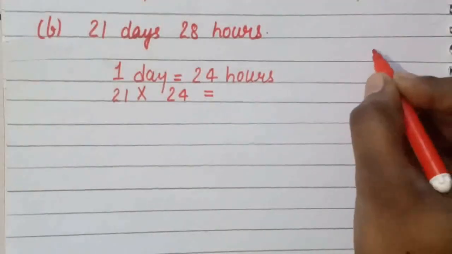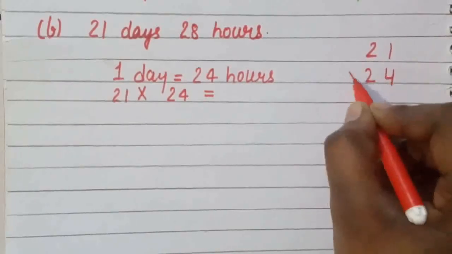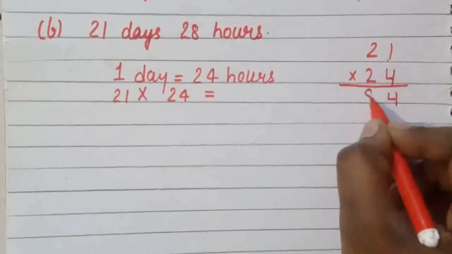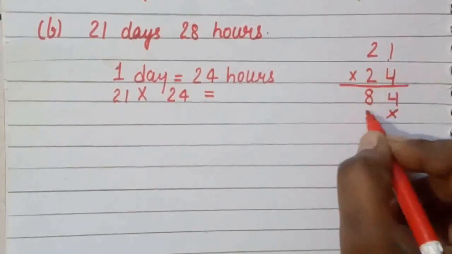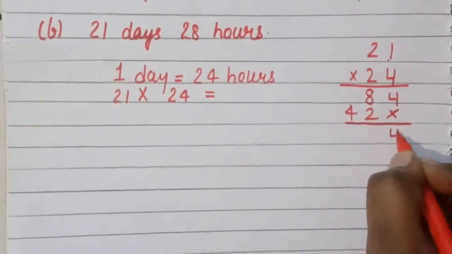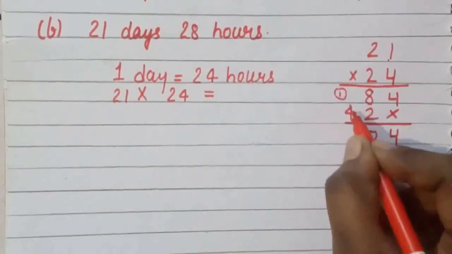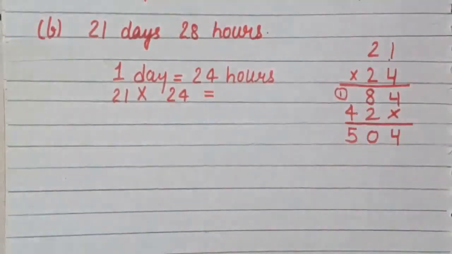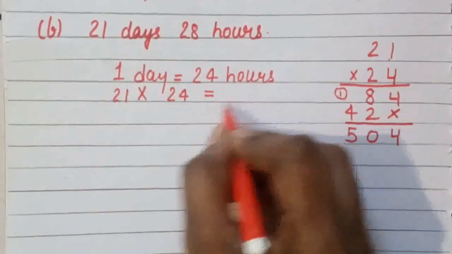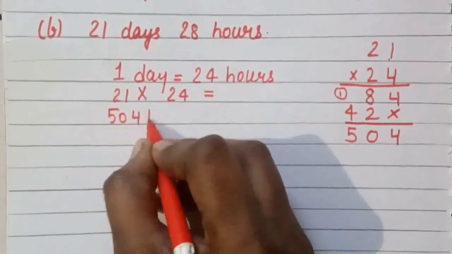Side by side you can do the multiplication. 21 multiplied by 24. 4 1s are 4, 4 2s are 8, 2 1s are 2, 2 2s are 4. 4, 8 and 2, 10, carry 1, 1 and 4, 5. 504 hours.